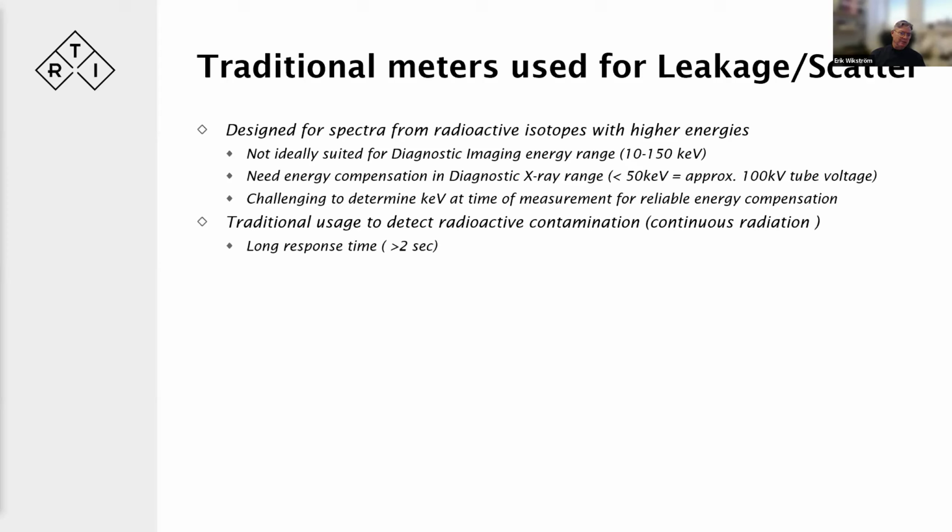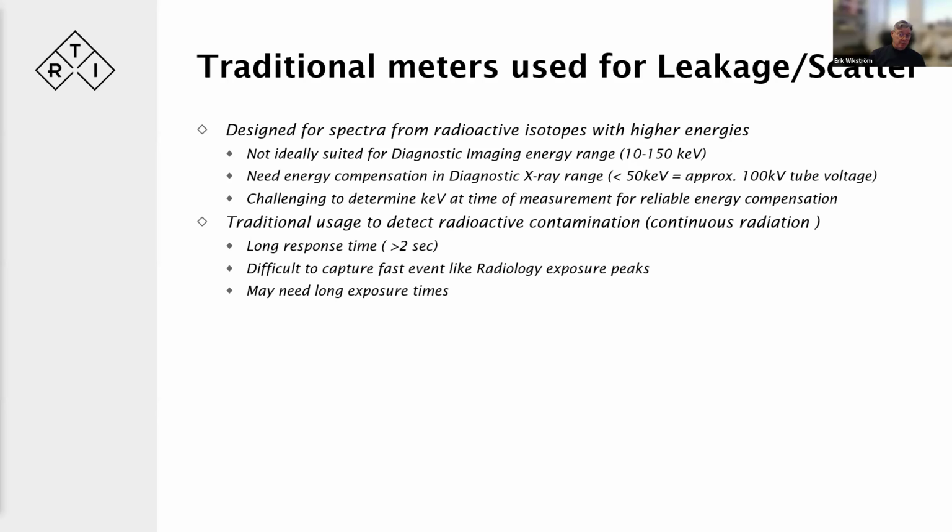So it gives the survey meters a long response time, typically much more than 2 seconds to establish a step in the output, which is what we have in diagnostic imaging and an X-ray system. There are short events, so it's difficult for that kind of system to capture fast events like an exposure peak.